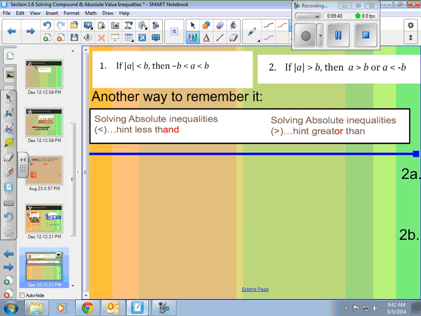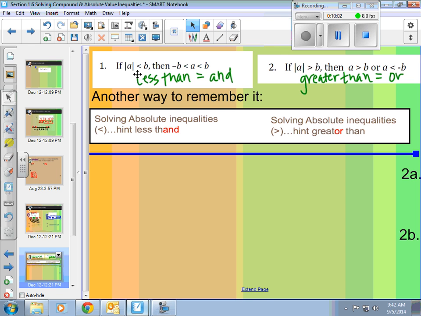So once again, if it is a less than, it is an and. And if this one is a greater than, then it is an or statement.